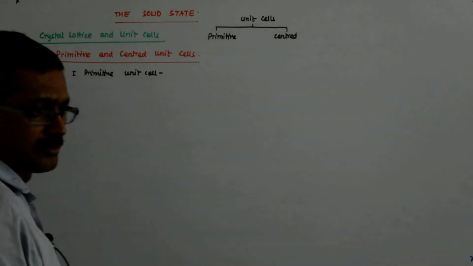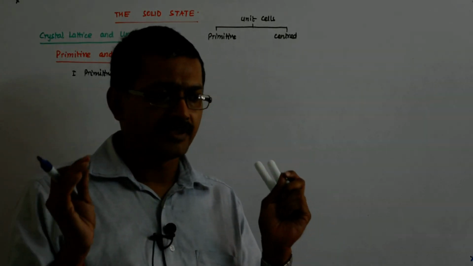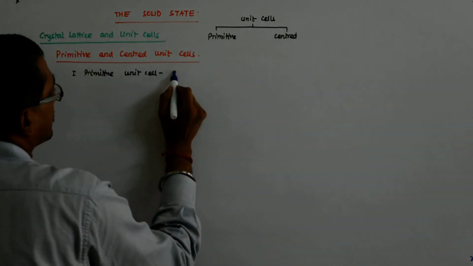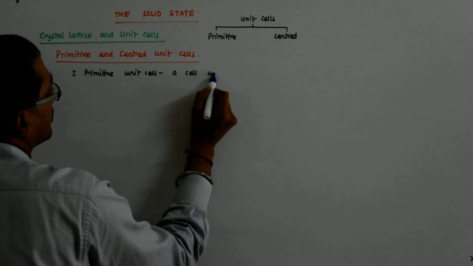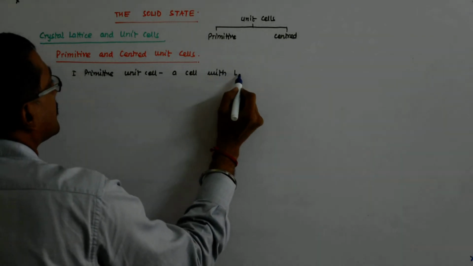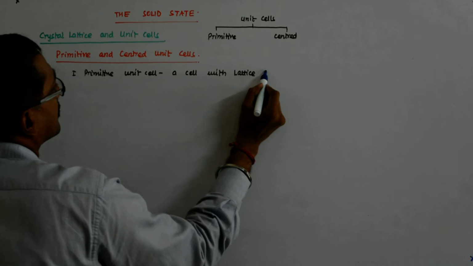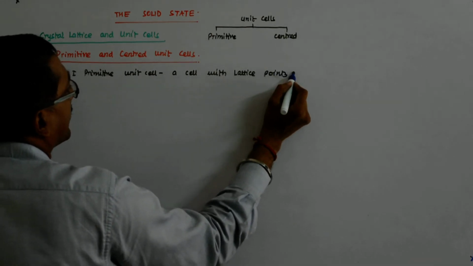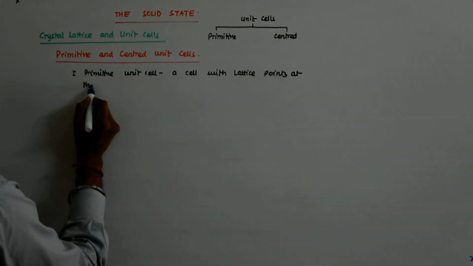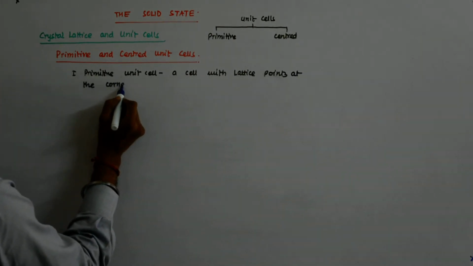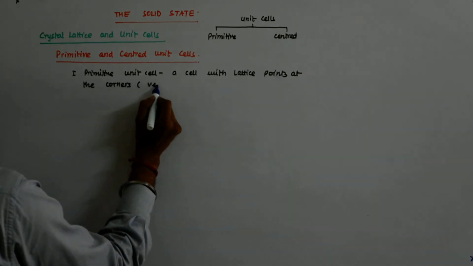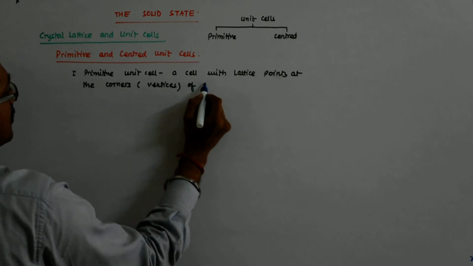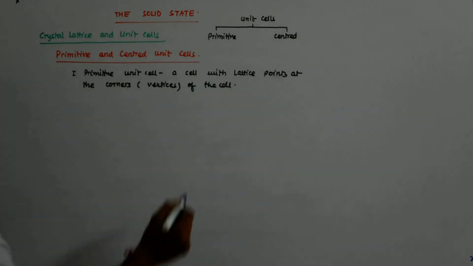is what? It is a unit cell with points at all the corners, right? It is a cell with lattice points at the corners, or they are technically called vertices of the cell.